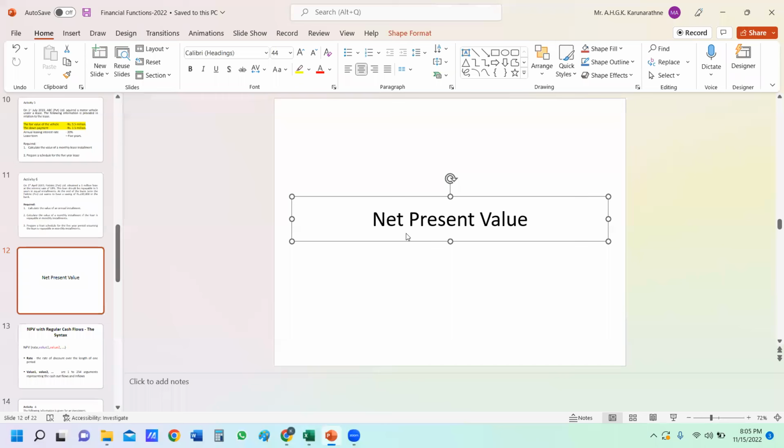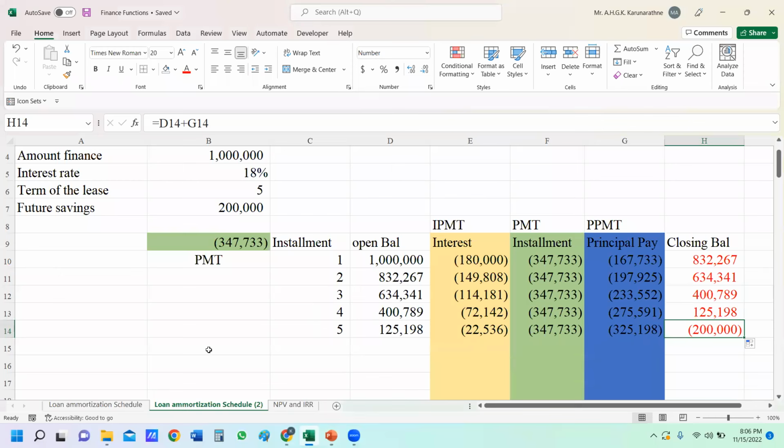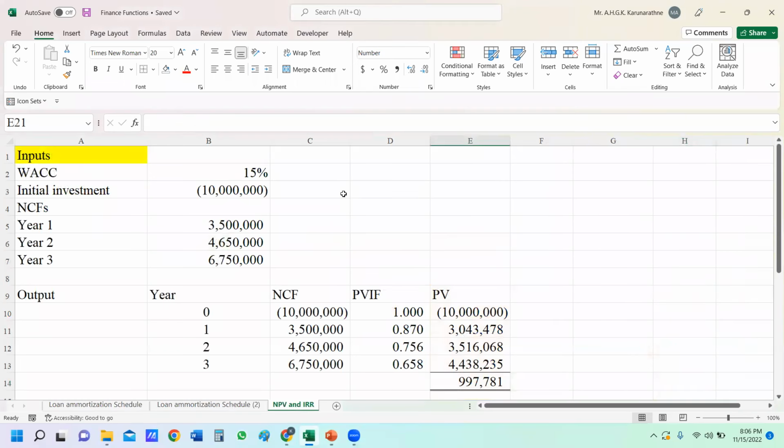Let's see how to compute net present value using Excel's inbuilt finance function. Again, like the way we did with the loan amortization schedule, we will see how to compute NPV without using a finance function.